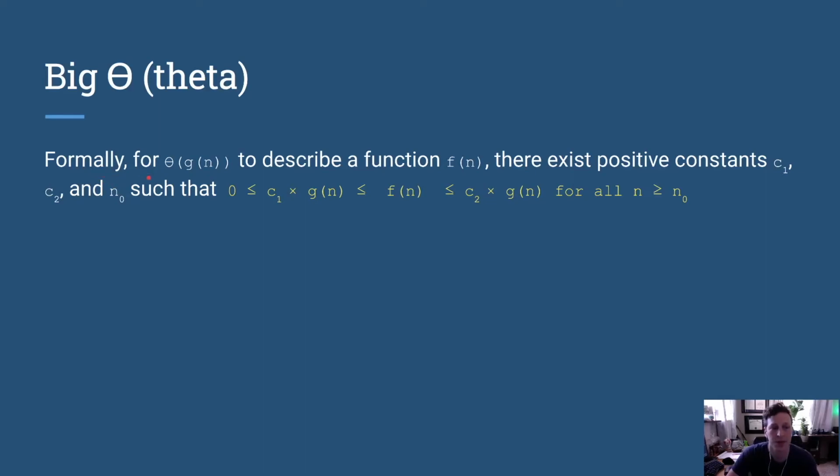And so formally, for big theta of g of n, in order for me to say that some complex function f of n is big theta of another more simple function g of n, there must exist positive constants c1, c2, and n0 such that 0 is less than or equal to c1 times g of n, which is less than or equal to f of n, which is less than or equal to c2 times g of n for all n greater than some constant n0.